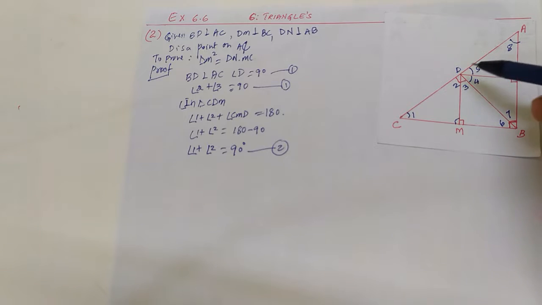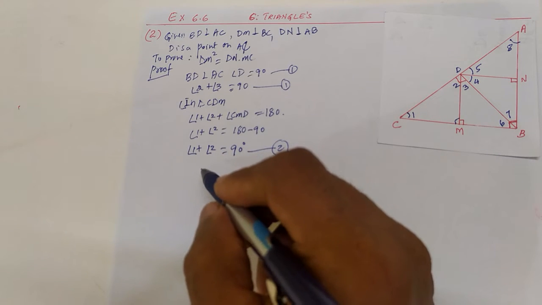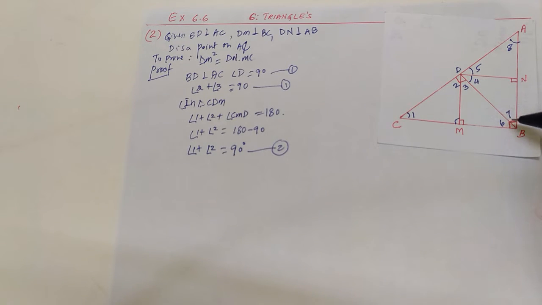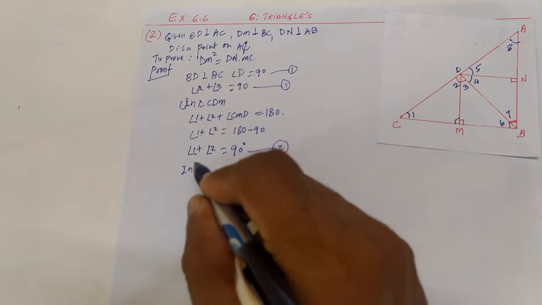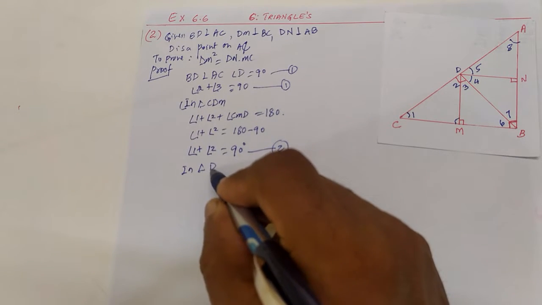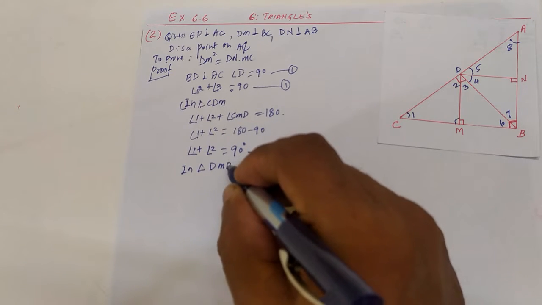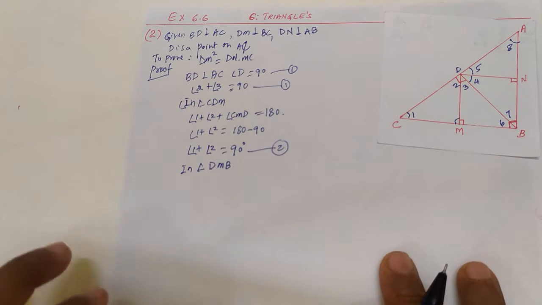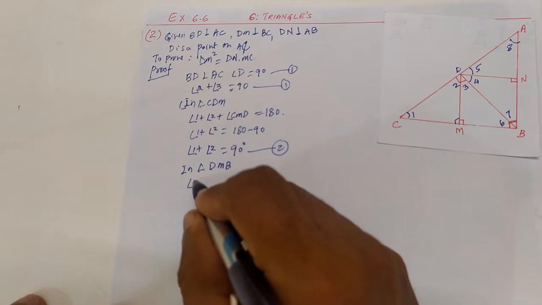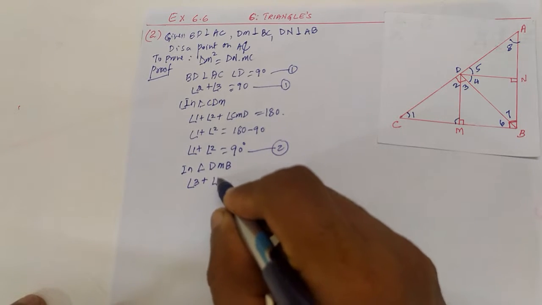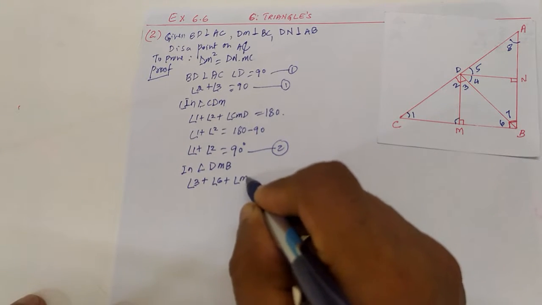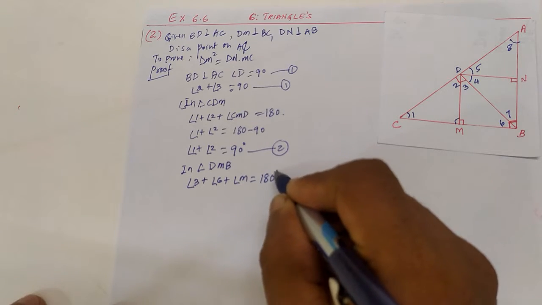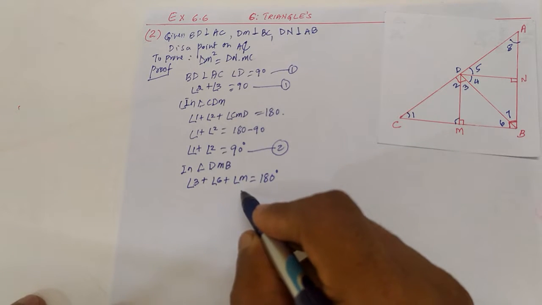And let us see in triangle DMB. In this triangle, again angle 3 plus angle 6 plus angle M is 180 degrees, and this is 90.